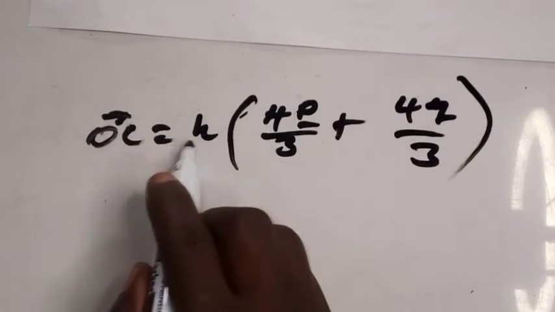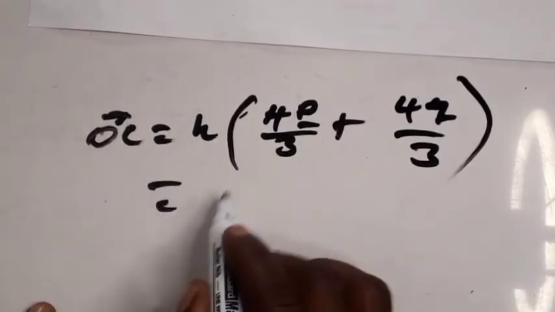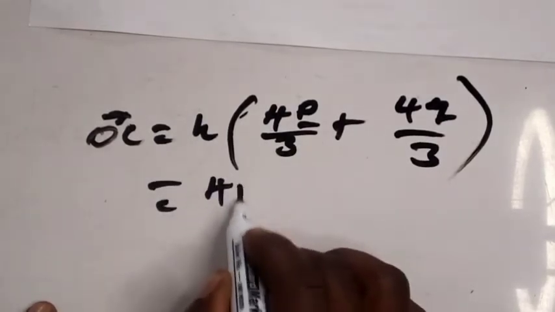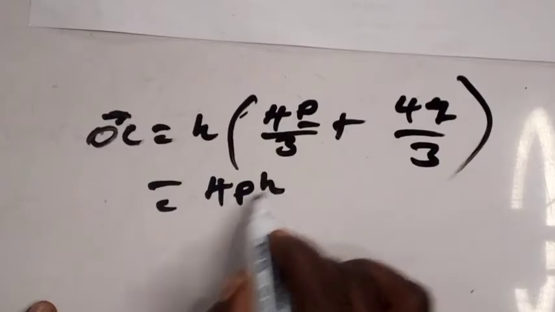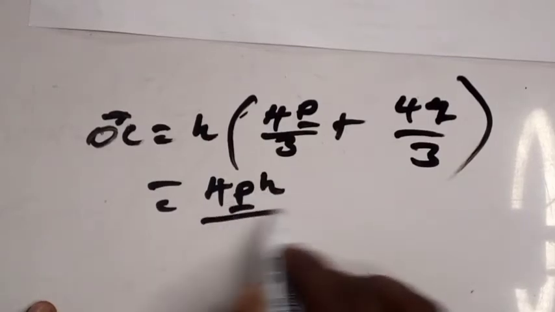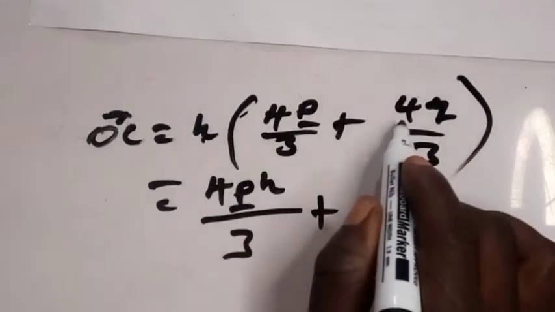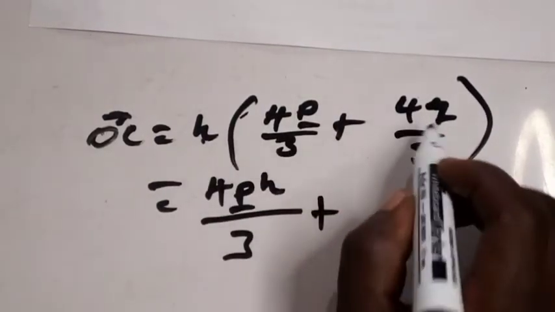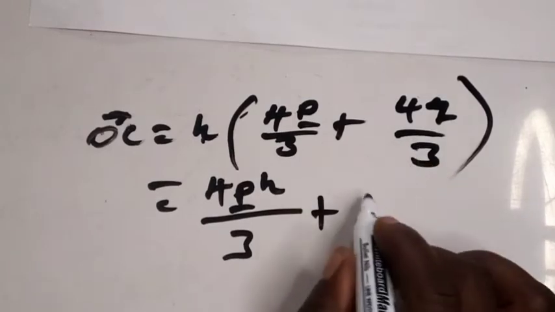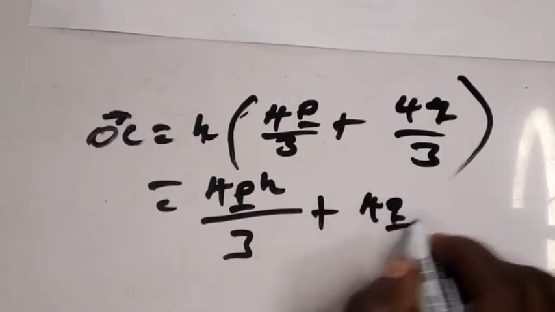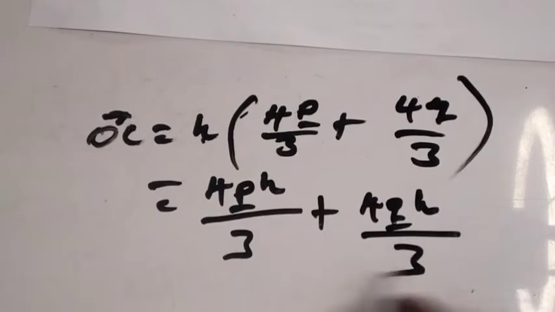Multiply throughout by h, then it will be 4ph over 3 plus 4qh over 3.